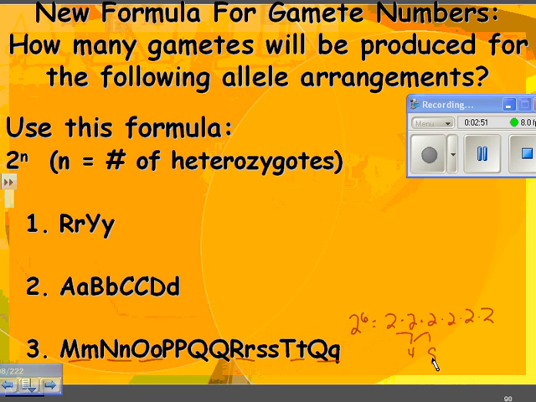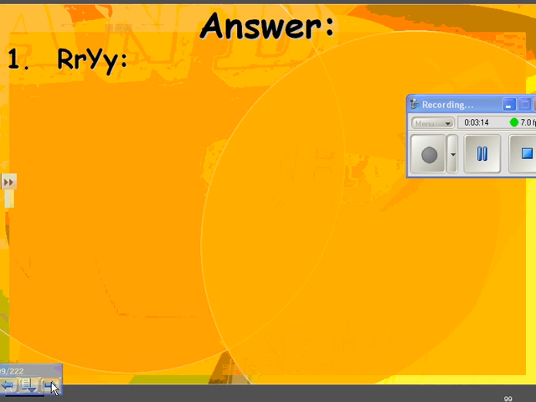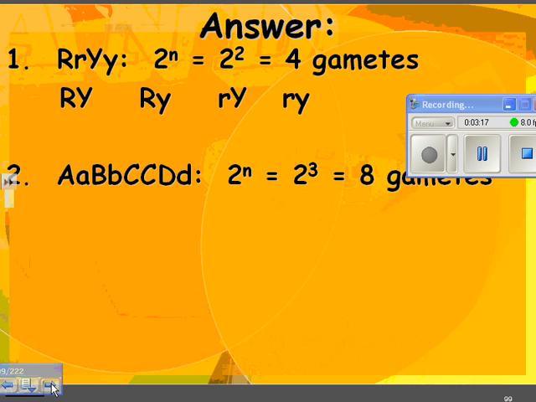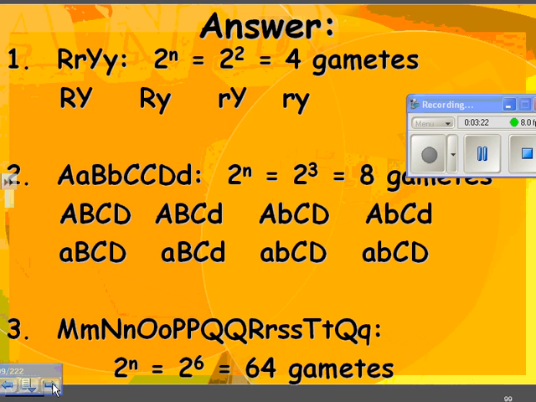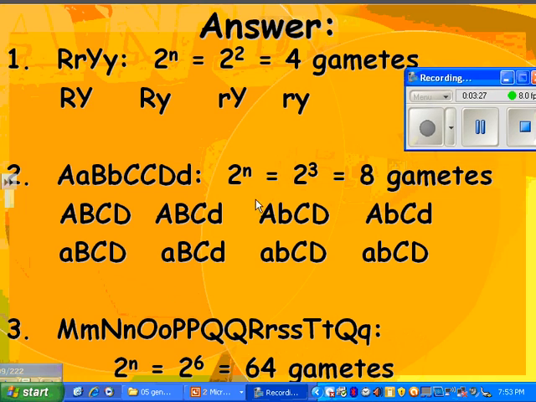Times 2 is 8, 16. 16 times 2 is 32, and 32 times 2 is 64. Did I do that right? 64 gametes, yay.